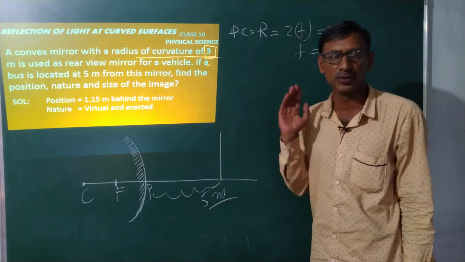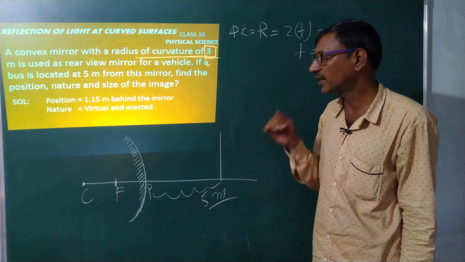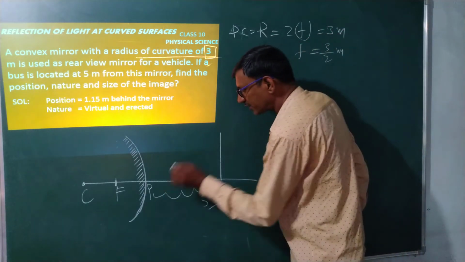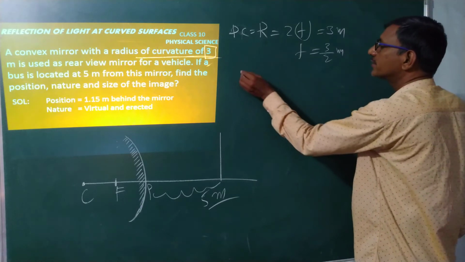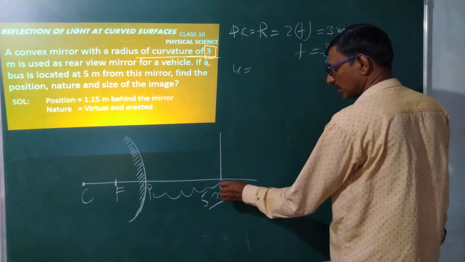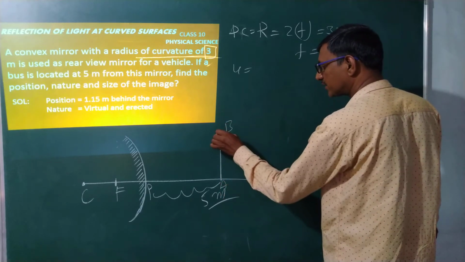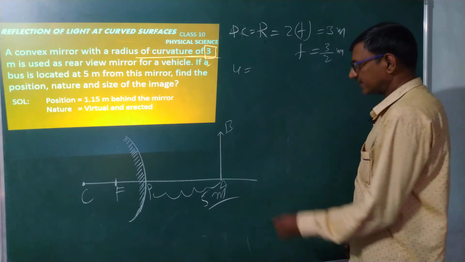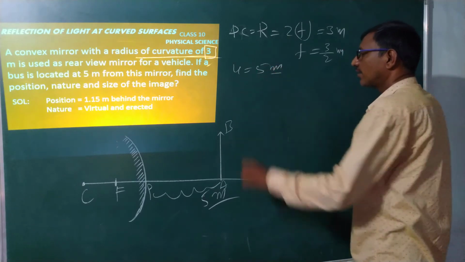We have to find the position, nature and size of the image. So this is the object distance, we know it. This is A, B, this is my bus. U is given as 5 meters.